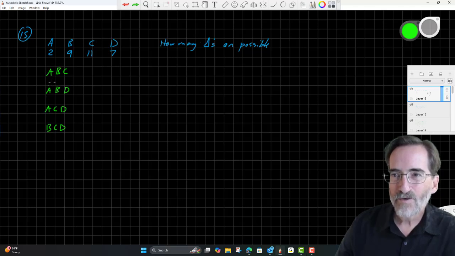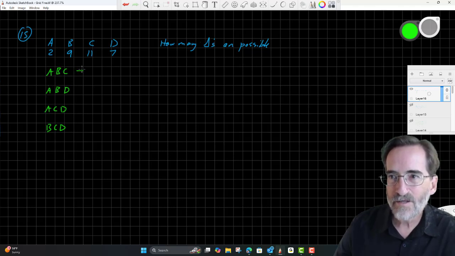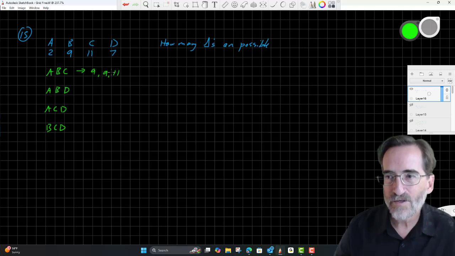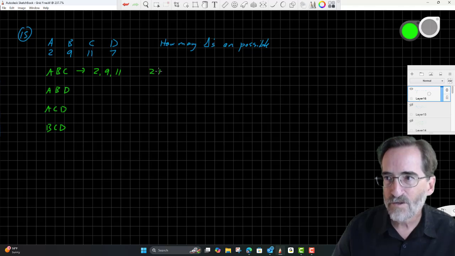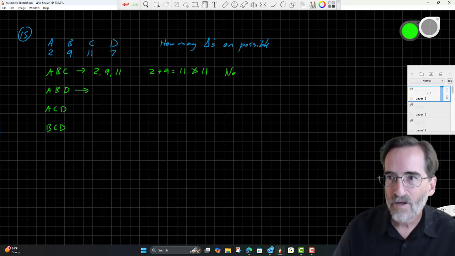Right, so ABC is 2, 9, 11. Take the 2 smallest sides and add them. 2 plus 9 equals 11, which is not greater than 11. So no, this is not a triangle. ABD, 2, 9, and 7.